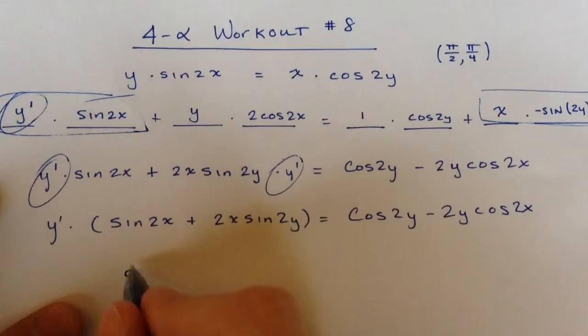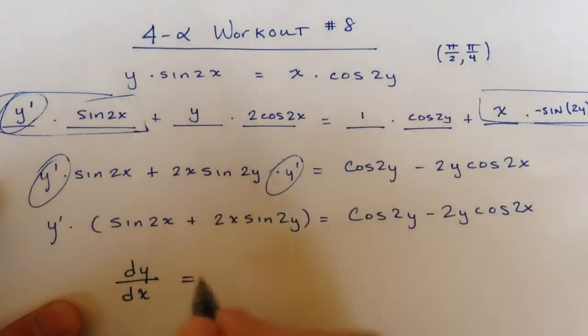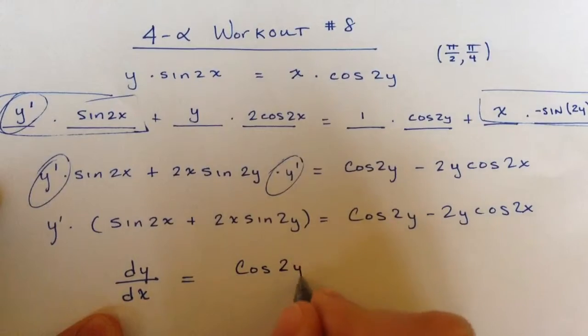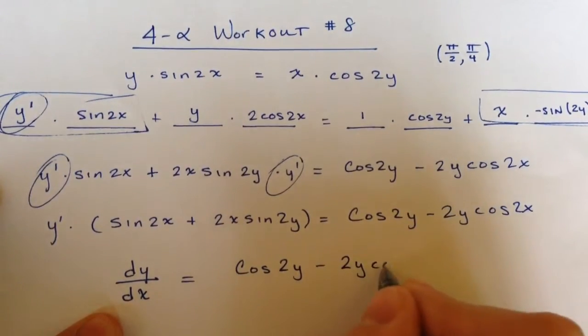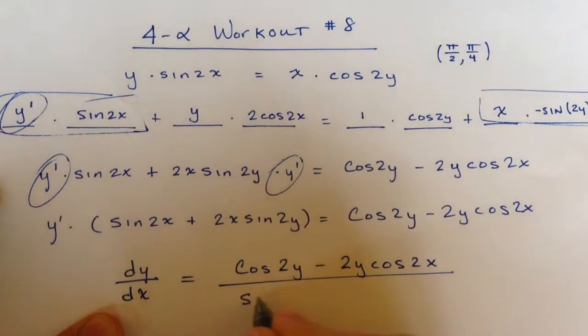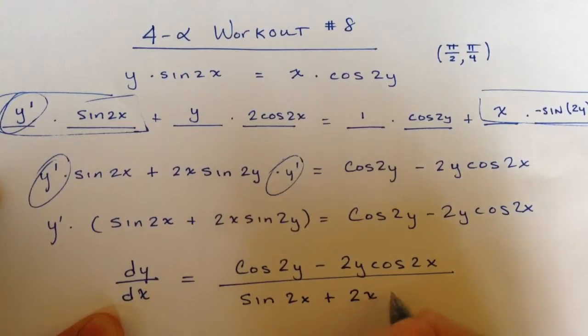Since y prime is the same as saying the change in y over the change in x, I'm going to write it this way. We end up with cosine of 2y minus 2y cosine 2x divided by sine of 2x plus 2x sine of 2y.